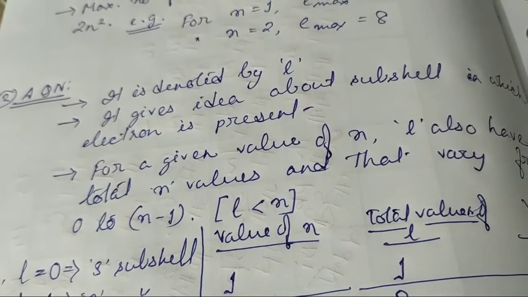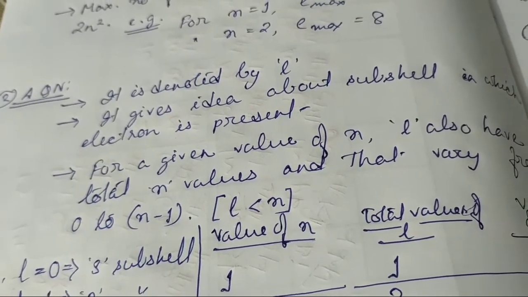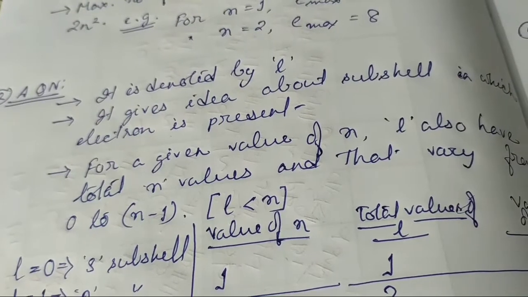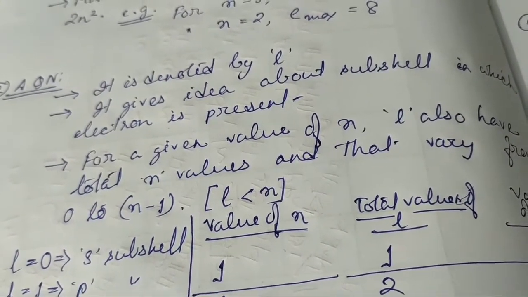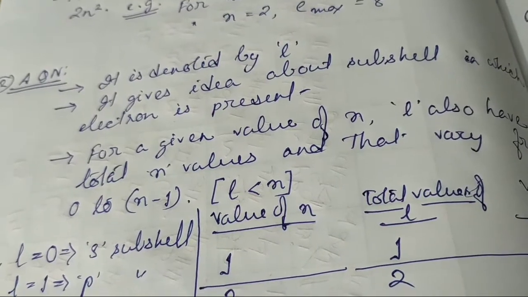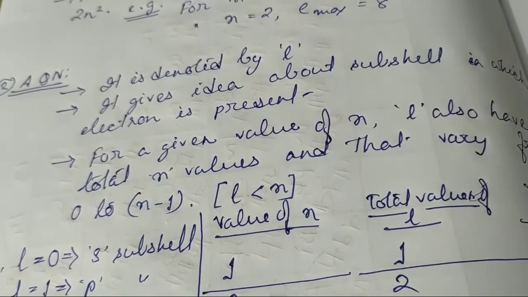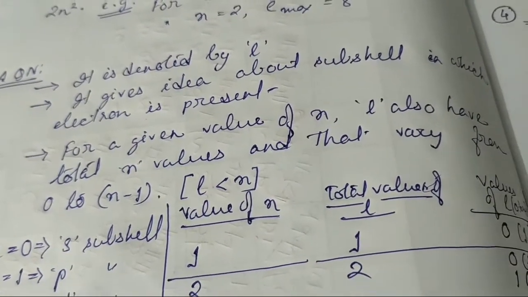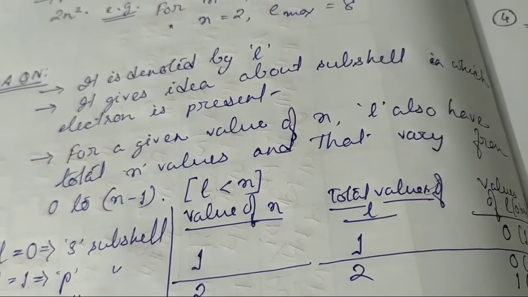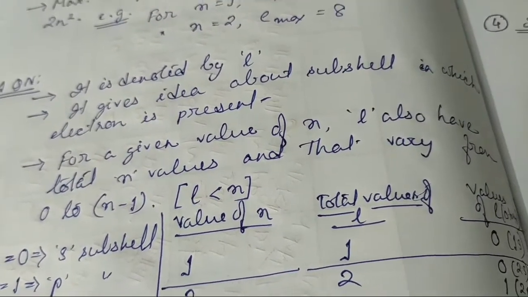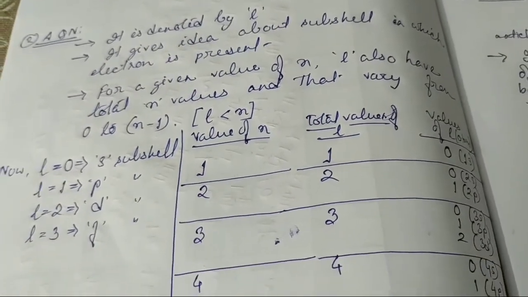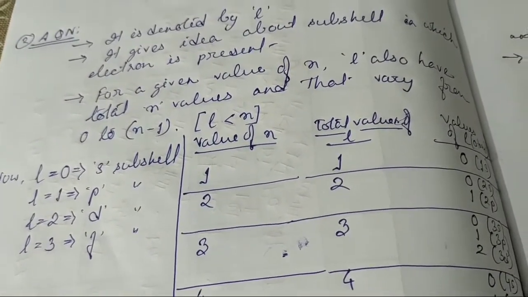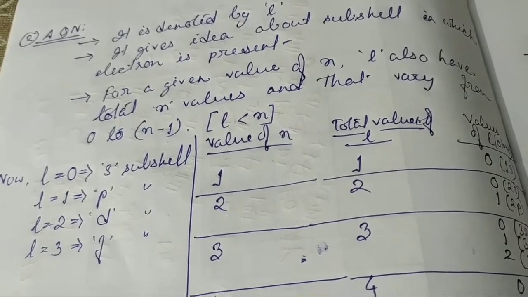It gives an idea about the subshell in which the electron is present. The important point to note down: for a given value of n, l also has n values in total, and that varies from 0 to n minus 1. That means l should be less than n.